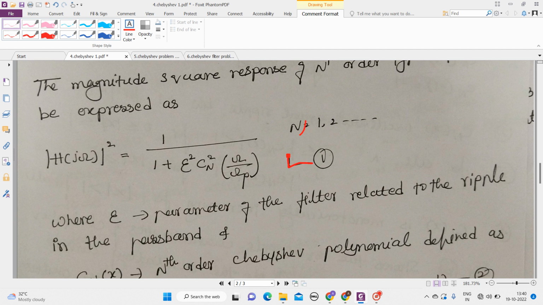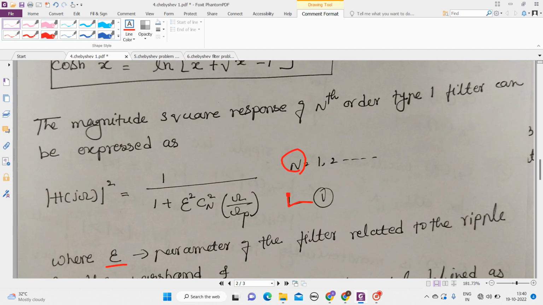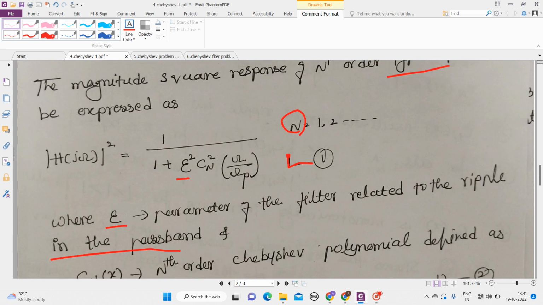N is the order of the filter, and epsilon is the parameter of the filter related to the ripple in the pass band. As it is a type 1 filter, the ripple exists in the pass band.